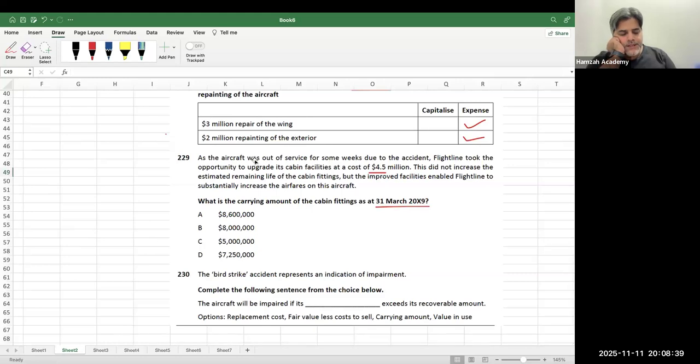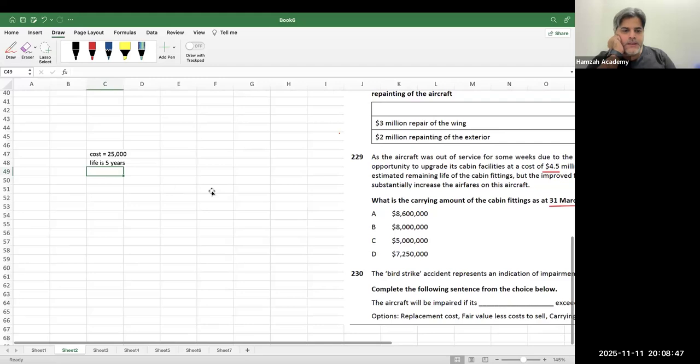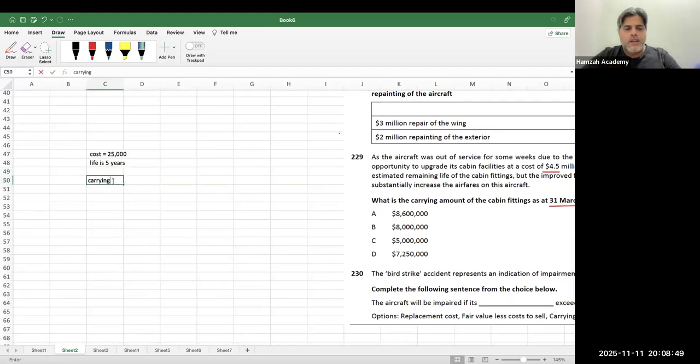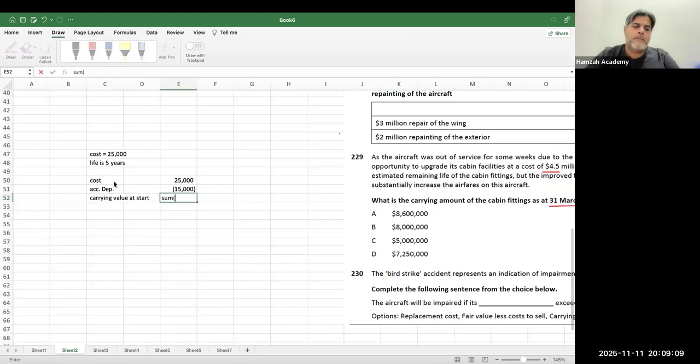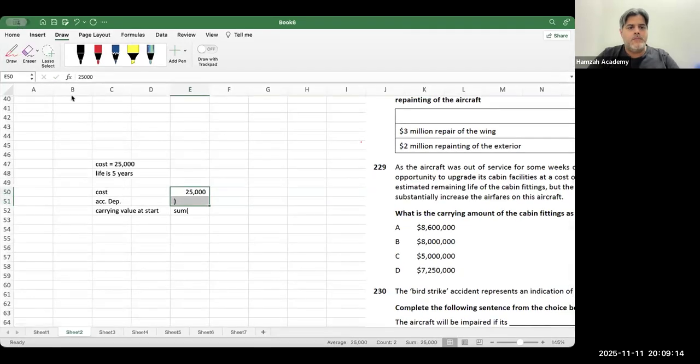X6, 7, 8, 9. So 4 years are gone, right? So technically speaking, carrying value, or I can do it, cost 25 million, accumulated depreciation 25,000 by 5 into 3. We have carrying value at start of the year. My bad, my bad.